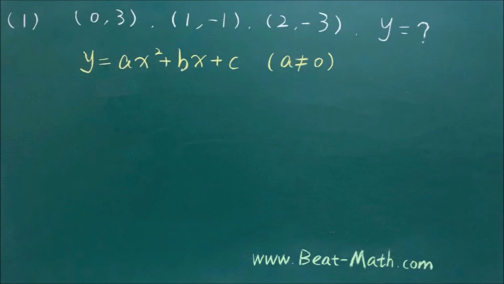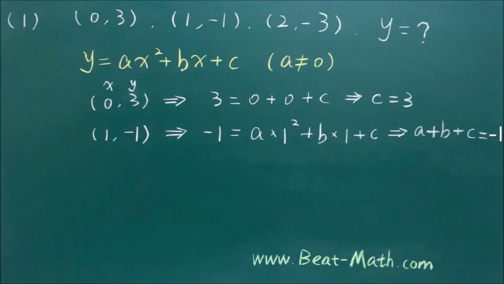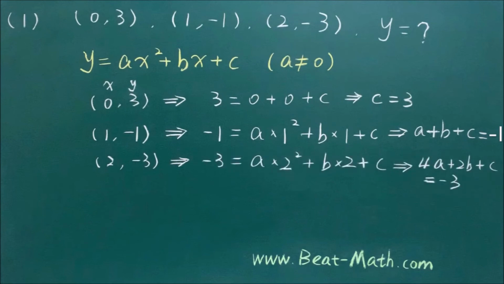When we plug in x equals 0 and y equals 3, the x-coordinate and the y-coordinate of the point (0, 3), we get 3 equals c, or c equals 3. We plug 1 and -1 into the function and get -1 equals a plus b plus c, or a plus b plus c equals -1. We plug 2 and -3 into the function and get -3 equals 4a plus 2b plus c, or 4a plus 2b plus c equals -3.